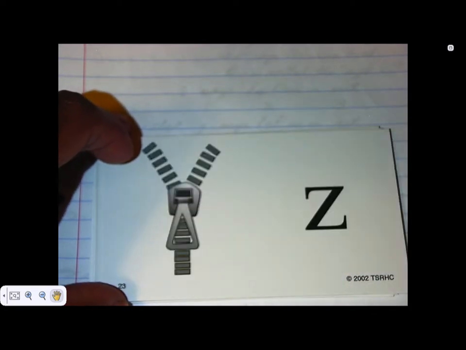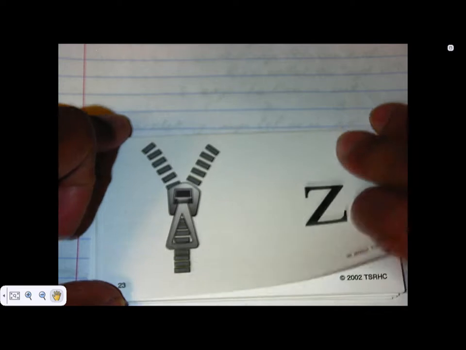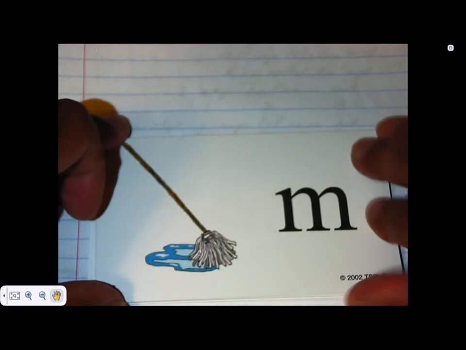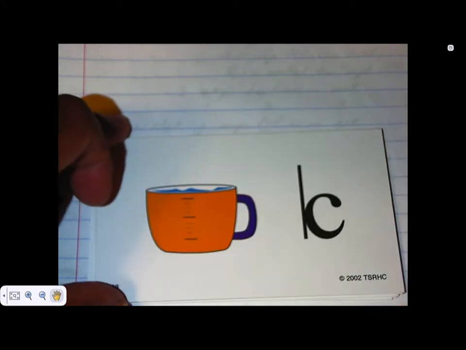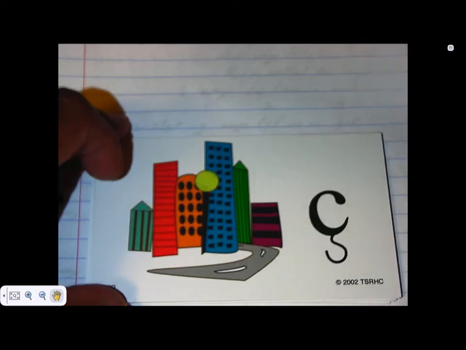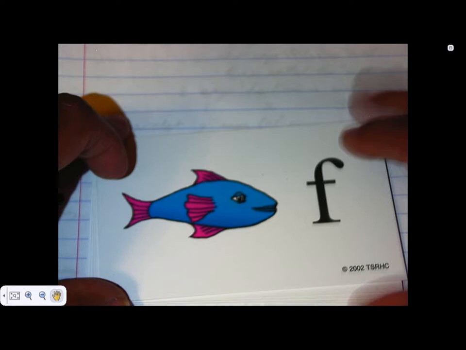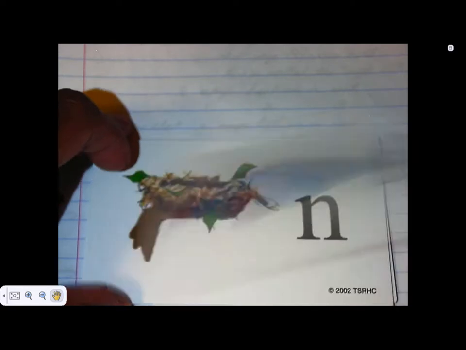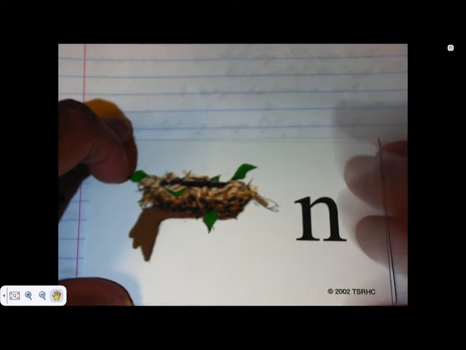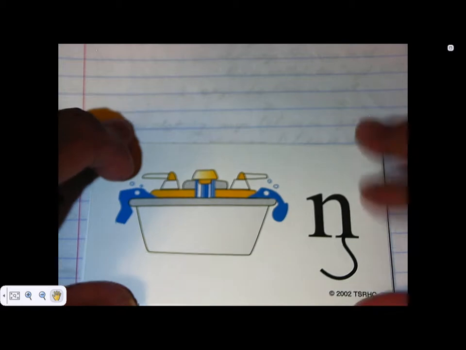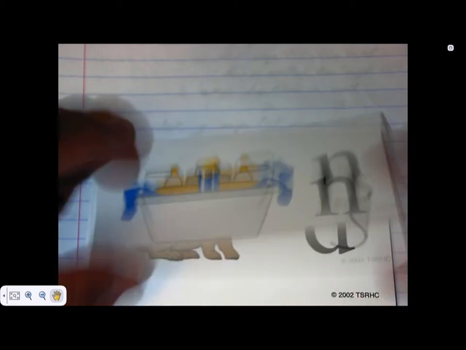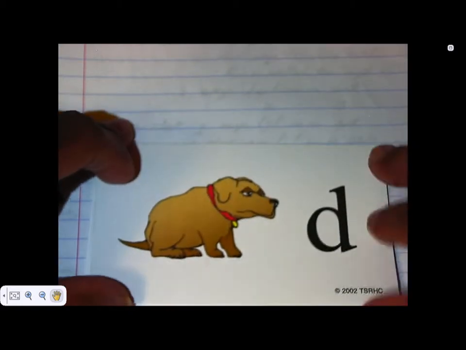Zipper, Z. Mop. Cup. City, S. Fish. Nest. Sink. Dog, D.